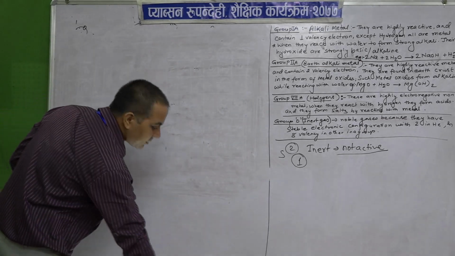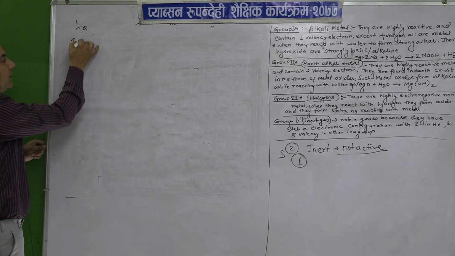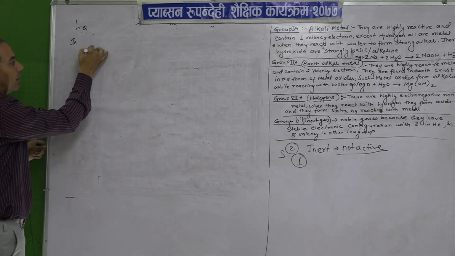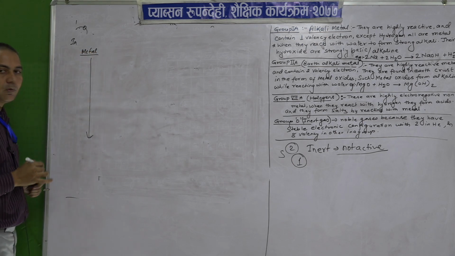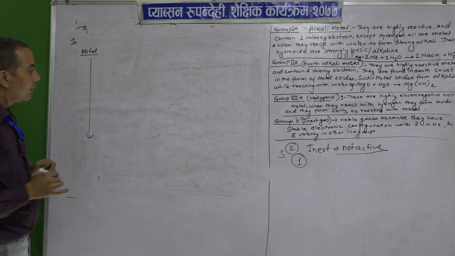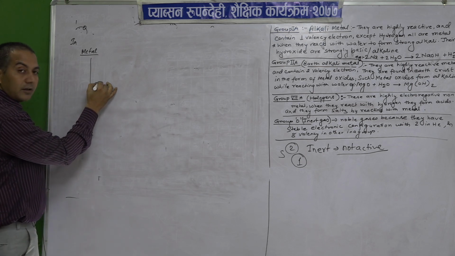So, what are the features? In groups 1 and 2, meaning metals, when we go downwards, what happens? Reactivity will increase.